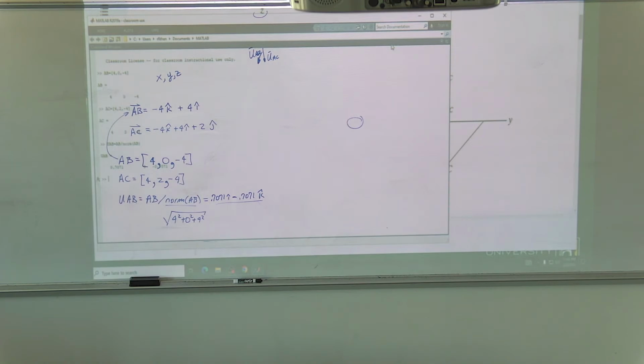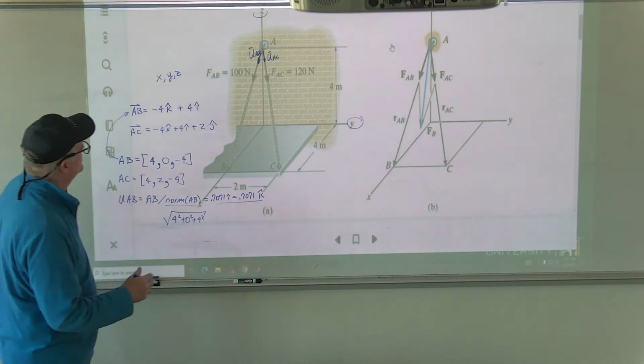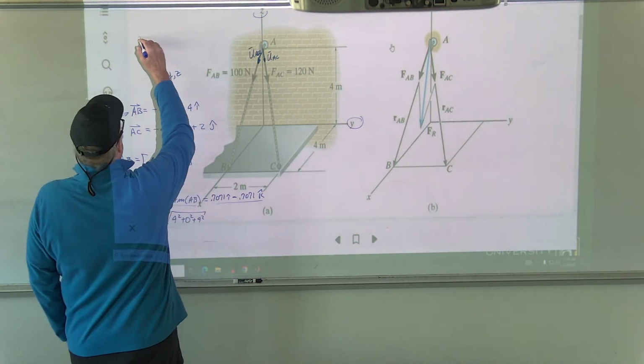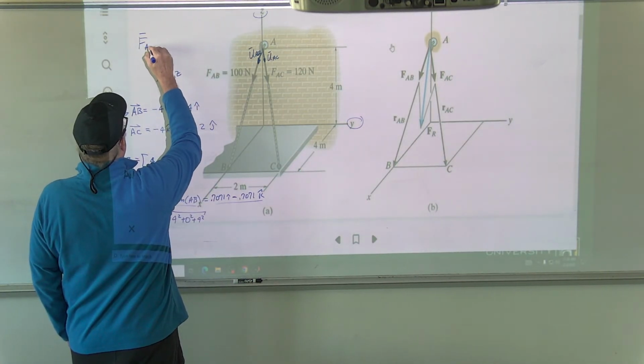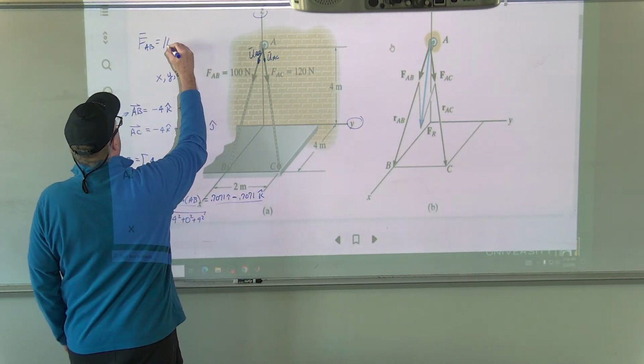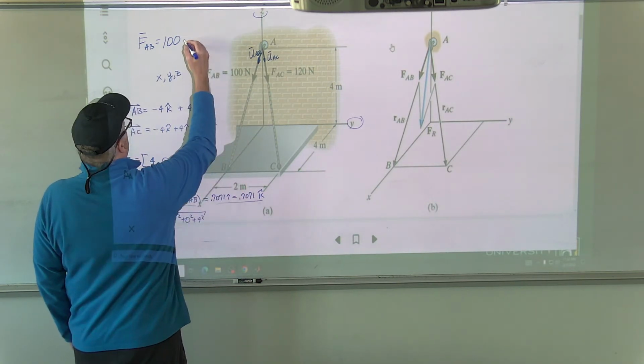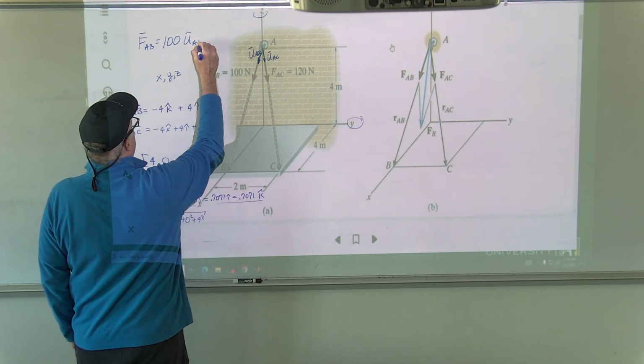Now, if I want to know the vector of the force FAB, it is true it's 100 newtons, and the direction is specified by this unit vector AB.